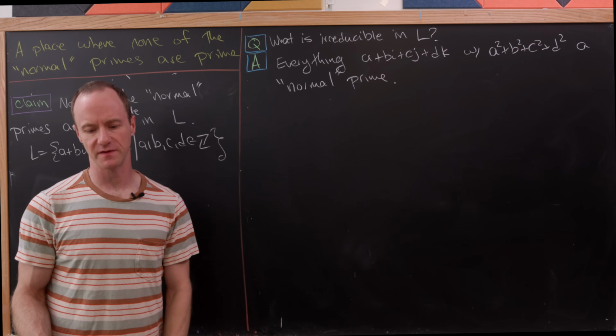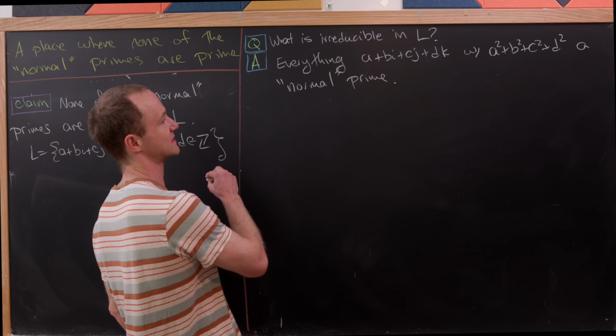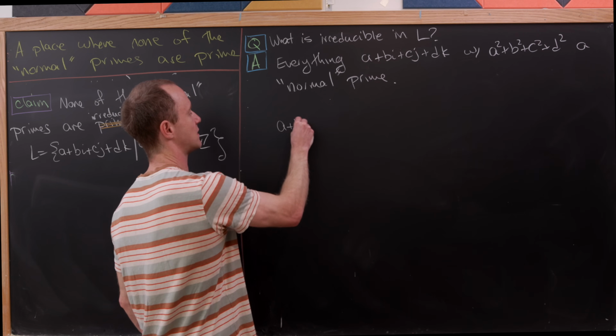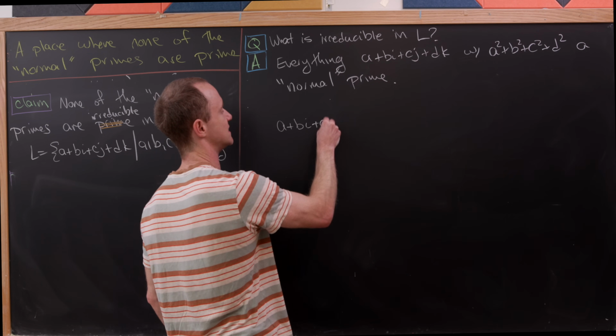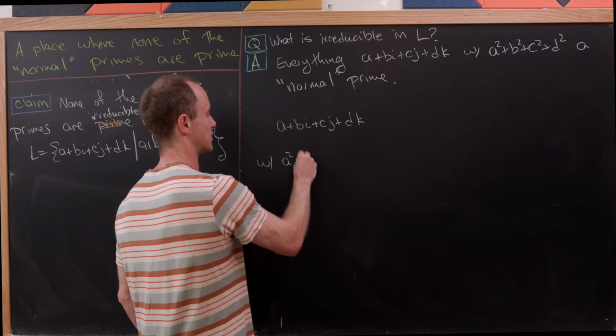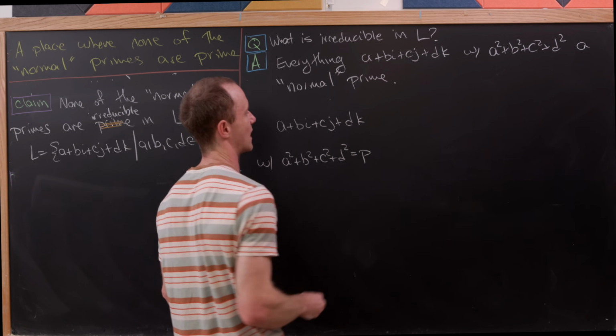And I don't think the proof of this is super hard. Maybe a sketch of the beginning would be something like this. So let's suppose that we have a plus bi plus cj plus dk with a squared plus b squared plus c squared plus d squared equals a prime.